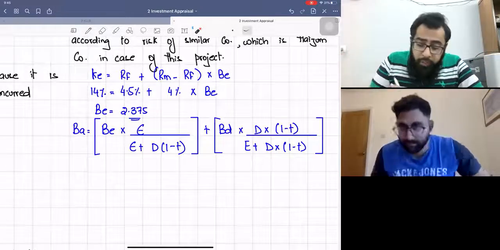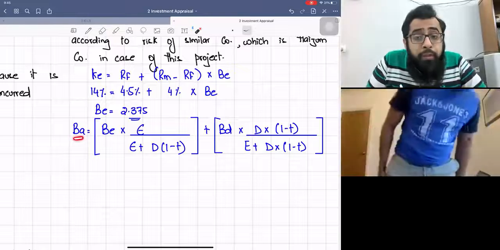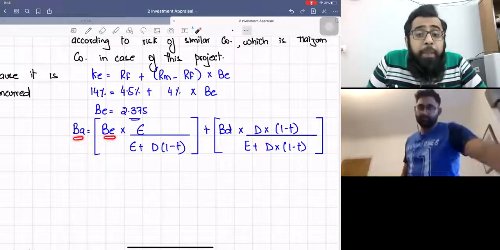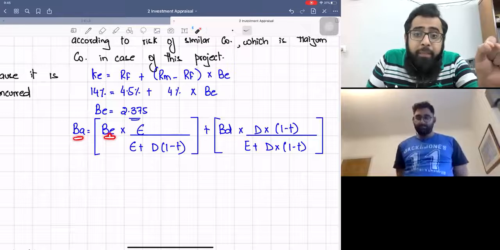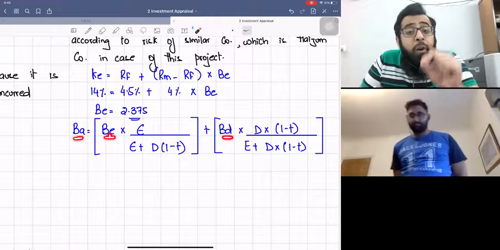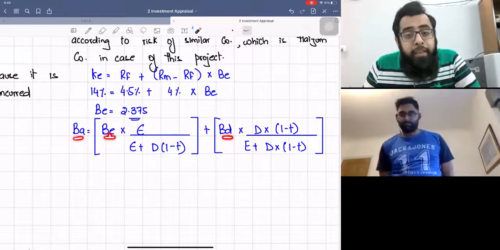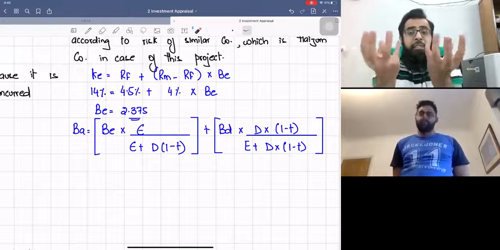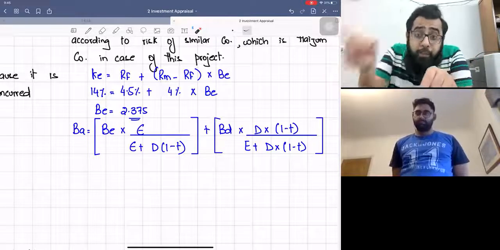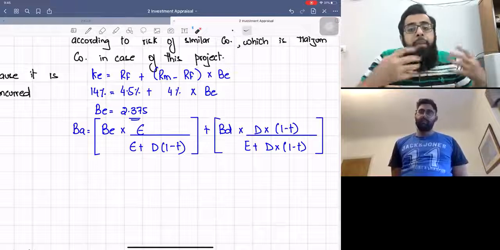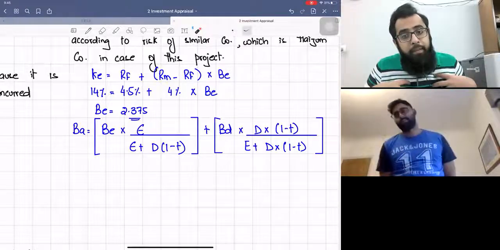So in order to calculate the beta asset, we first look at the beta of the equity, the shares which are traded in the market, and the beta of the debt, the debentures traded in the market. When I weight average the beta of my shares and the beta of my debentures, I get the beta asset of my assets.